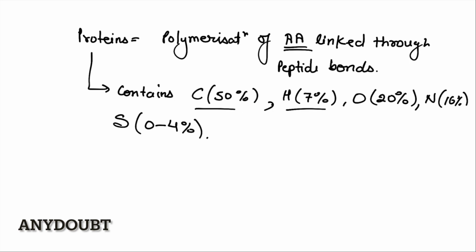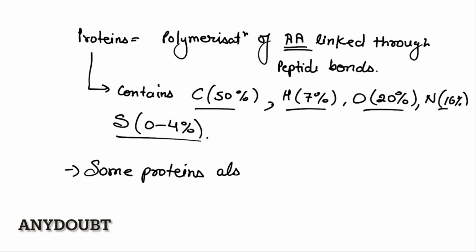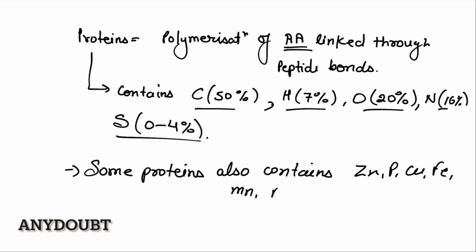So these are the major compounds that are present in proteins, but some proteins also contain zinc, phosphorus, copper, iron, manganese, molybdenum, etc. So some proteins contain these, but not all. But carbon, hydrogen, oxygen, nitrogen, and sulfur are present in all proteins.